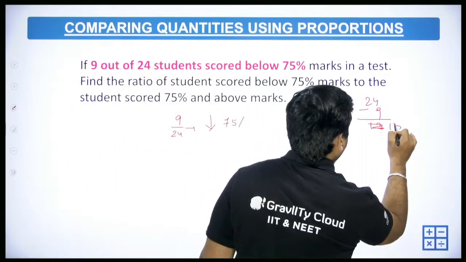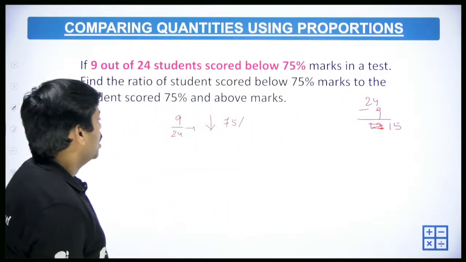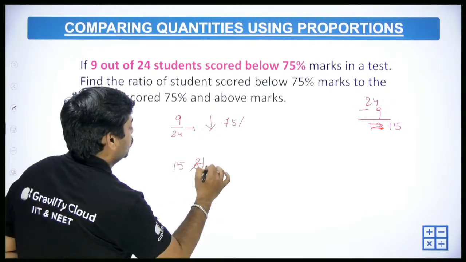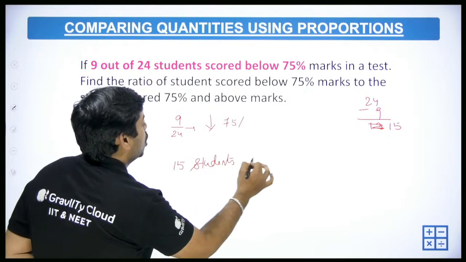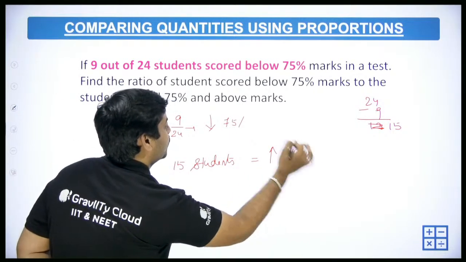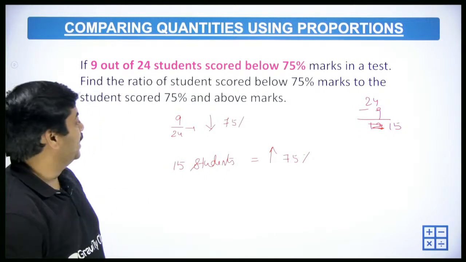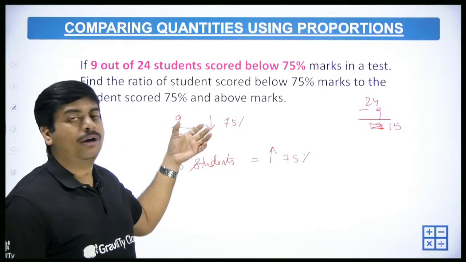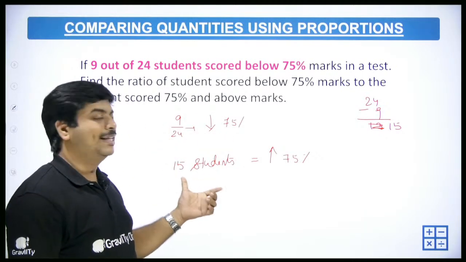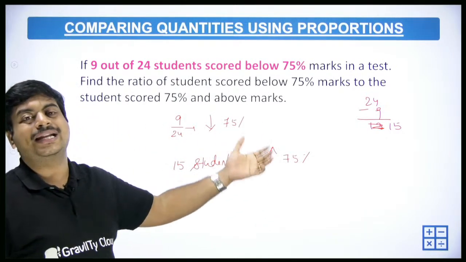It should be 15. So we have 15 students who scored equal to or greater than 75%. Here 9 out of 24 are the students who got less than 75%, but there are 15 students who got equal to or greater than 75%.